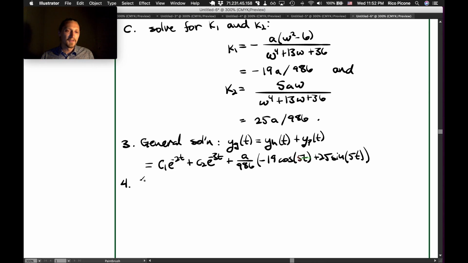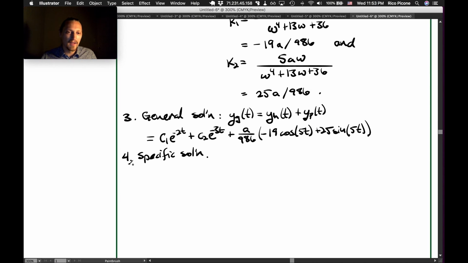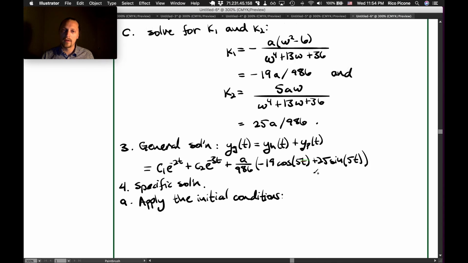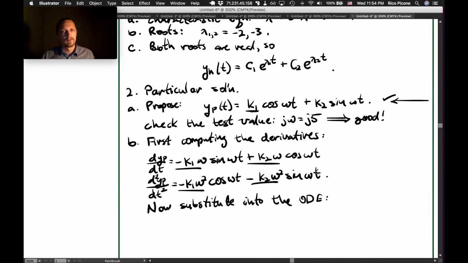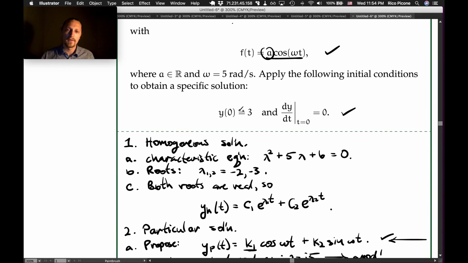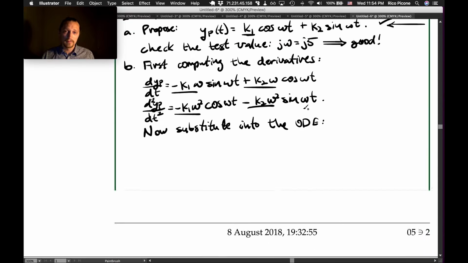Okay, step 4. General solution, specific solution, right? The first step, apply the initial conditions. So we were given that way up here, y of 0 equals 3, and dy dt at time equals 0 equals 0.